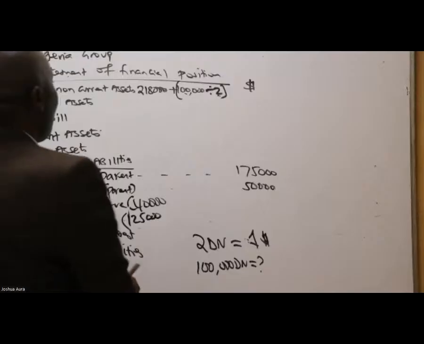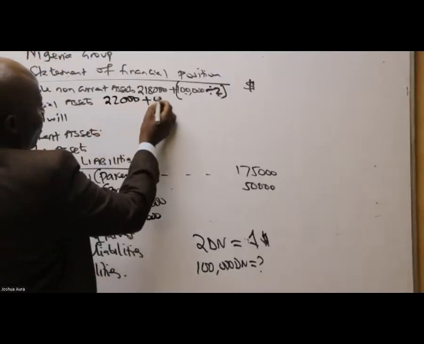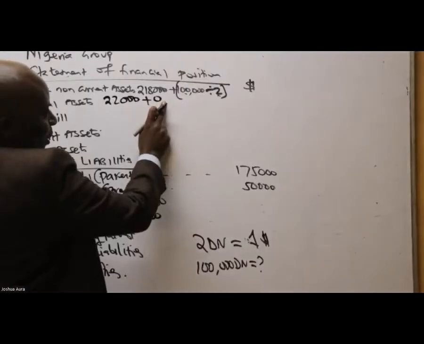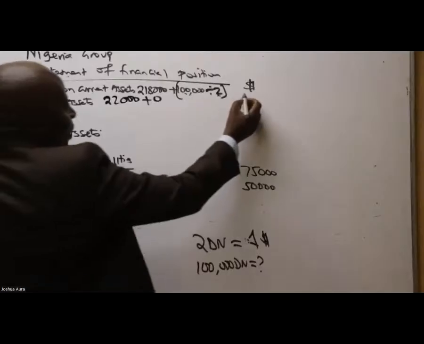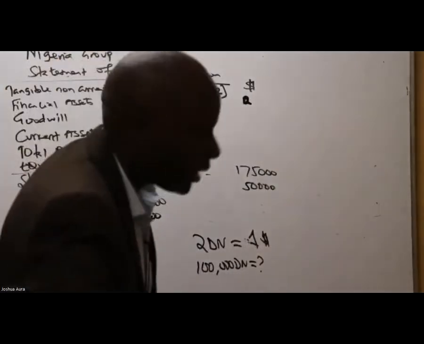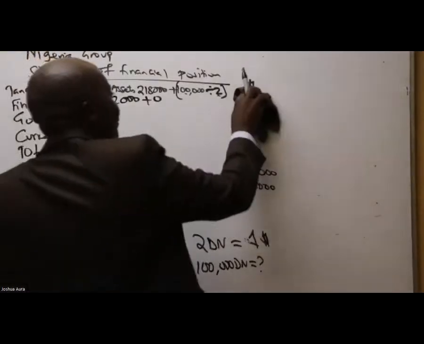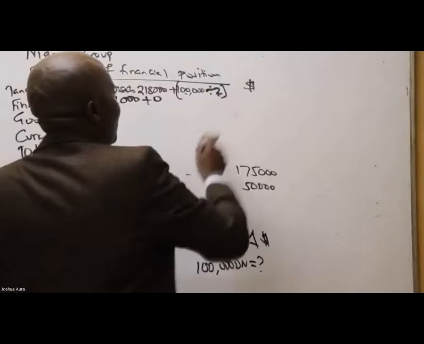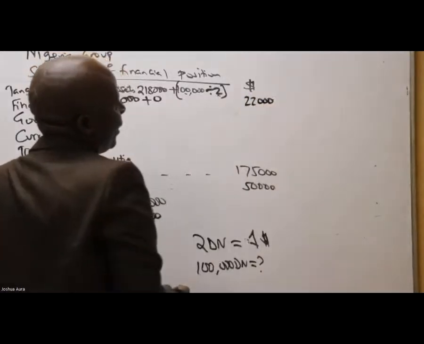So there is no translation really of the subsidiary figure, because 0 cannot be translated. So I can simply take 22,000. Final figure.